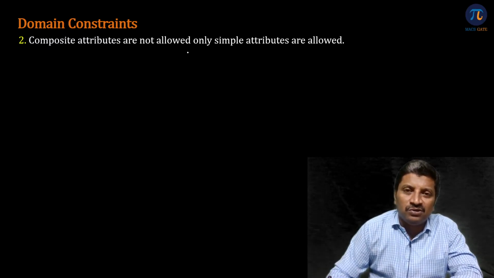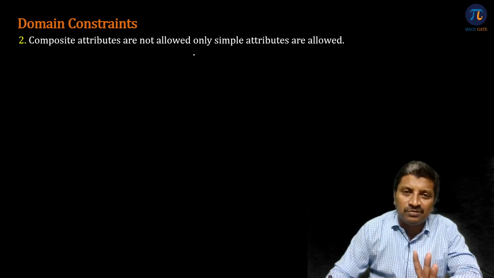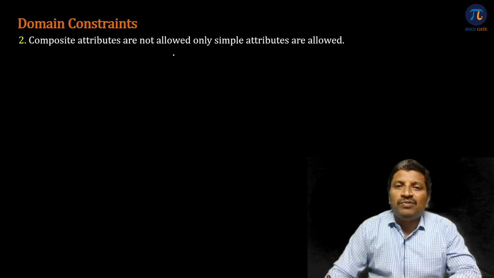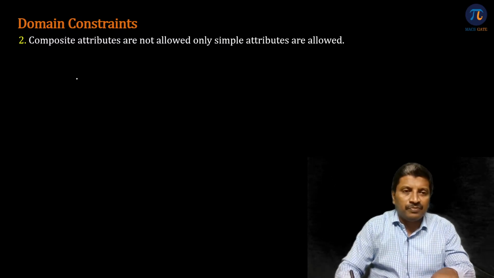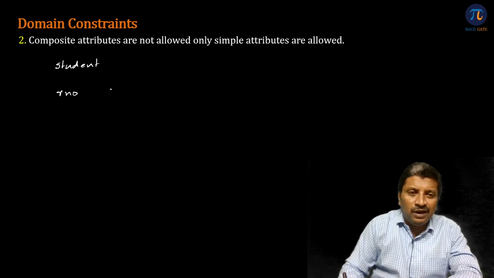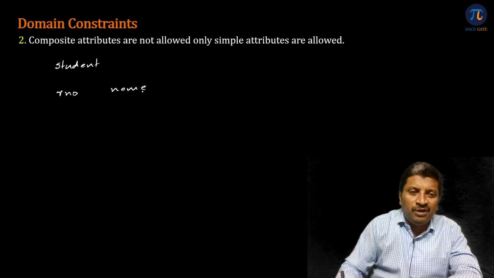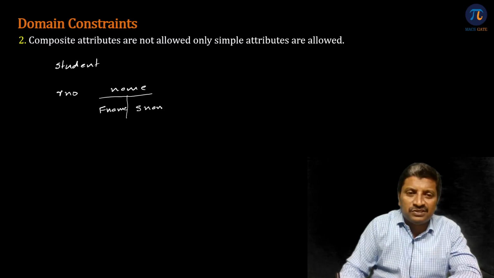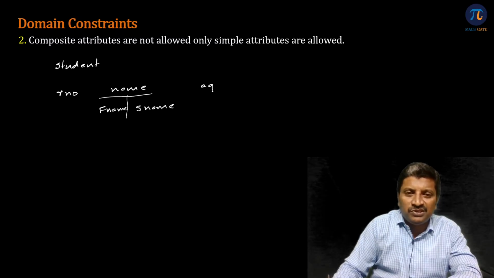Composite attributes are not allowed. Only simple attributes are allowed. First, let me explain what is meant by composite attribute and what is meant by simple attribute. Let us consider the same table. Here I want to store the roll number of the particular student and the name, but I want to collect the name in two parts: the first one is first name, the second one is surname, and the third column is age.